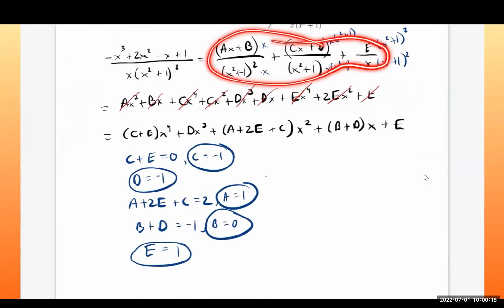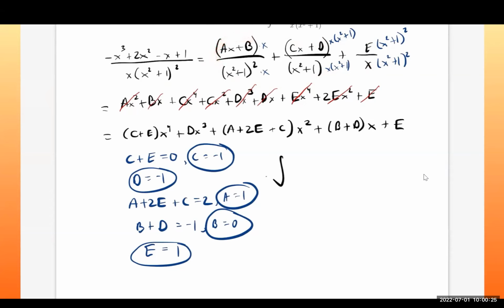Now we got to go back and rewrite our new integrals. There's 3 fractions, so our new integrals should look like this. The first one is going to be, I like to erase these just to make it look a little bit easier to substitute back in.